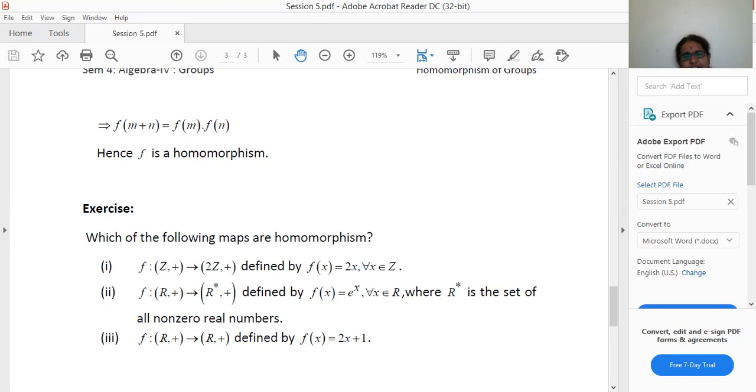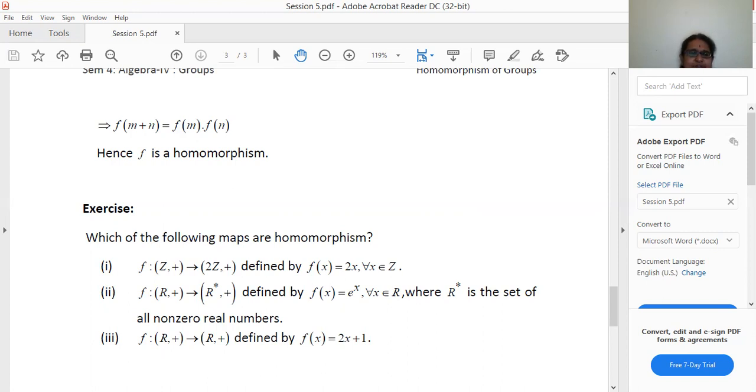So whether a mapping is a homomorphism or not depends on what the domain set and its binary operation are, what the codomain set and its binary operation are, and how the function is defined. In some cases, it will not be a homomorphism.